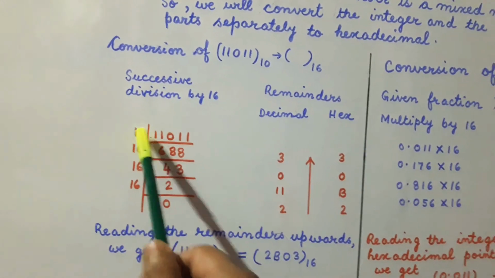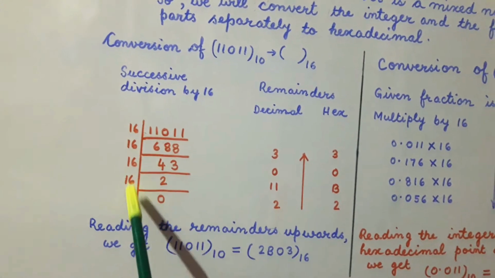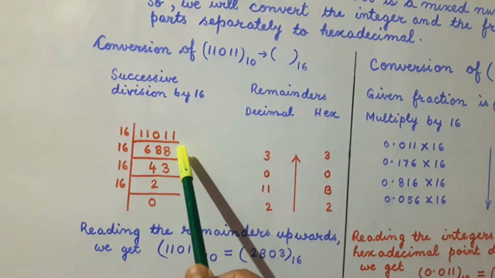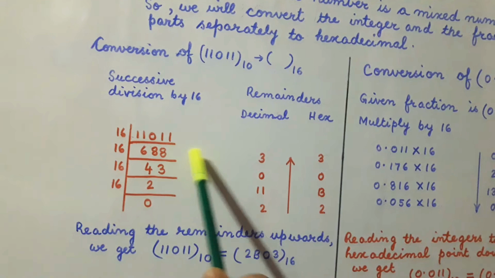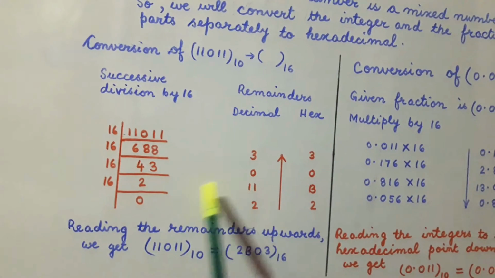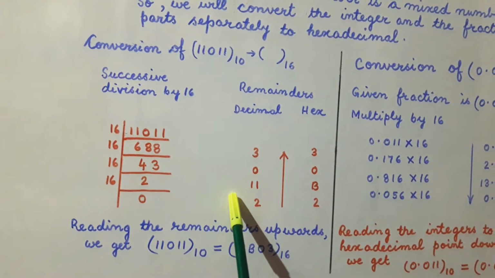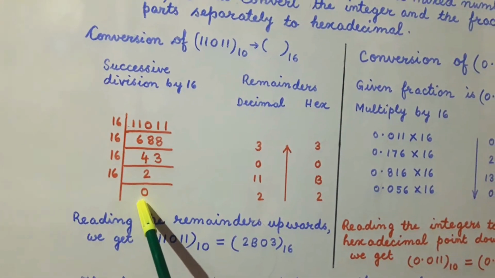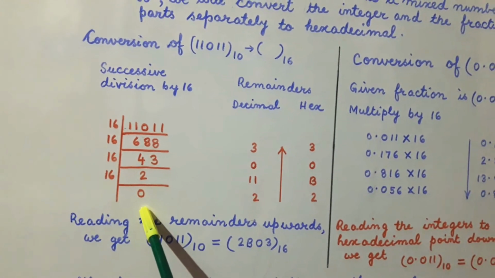We will go on dividing this number by 16 and we will put the remainders by the side of each of the numbers. We will go on dividing the numbers till we get a 0 in the last term.